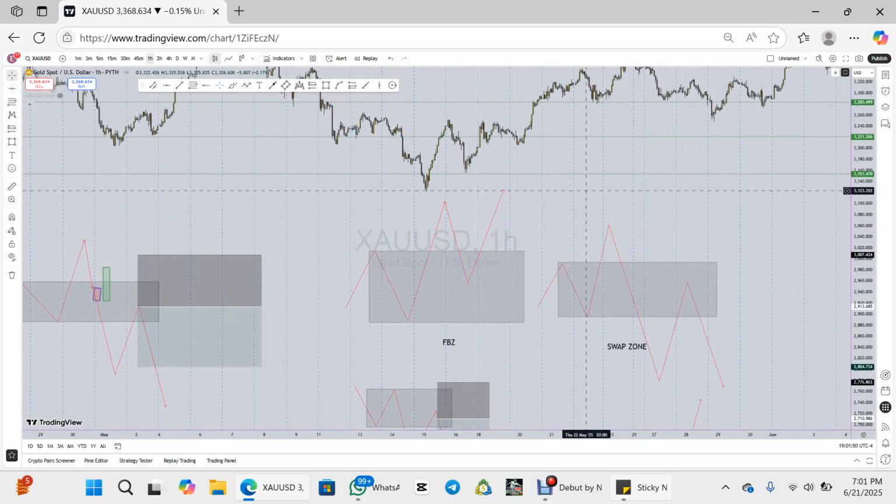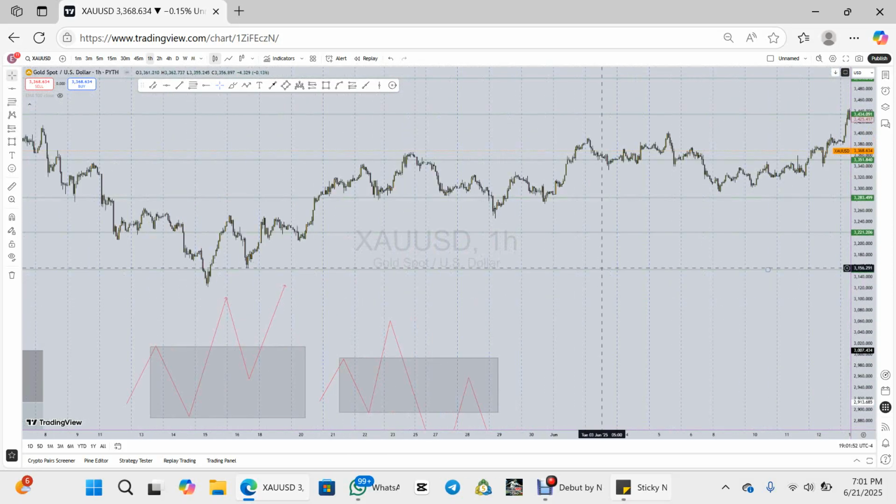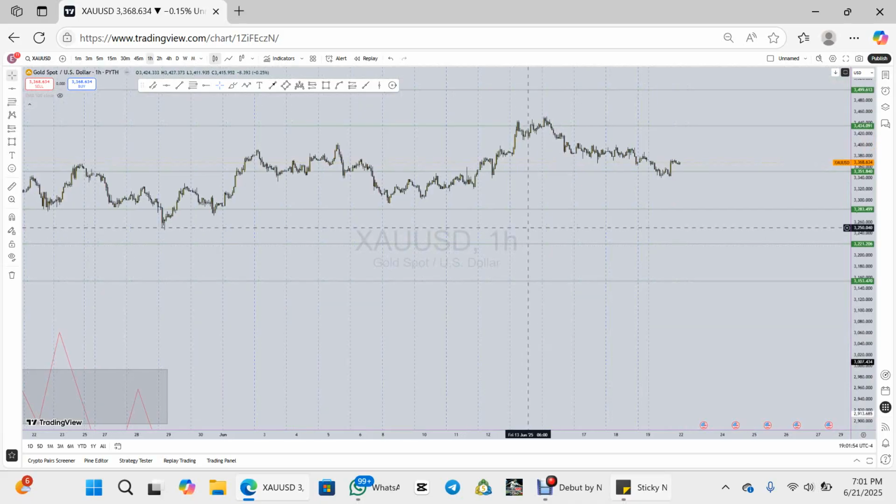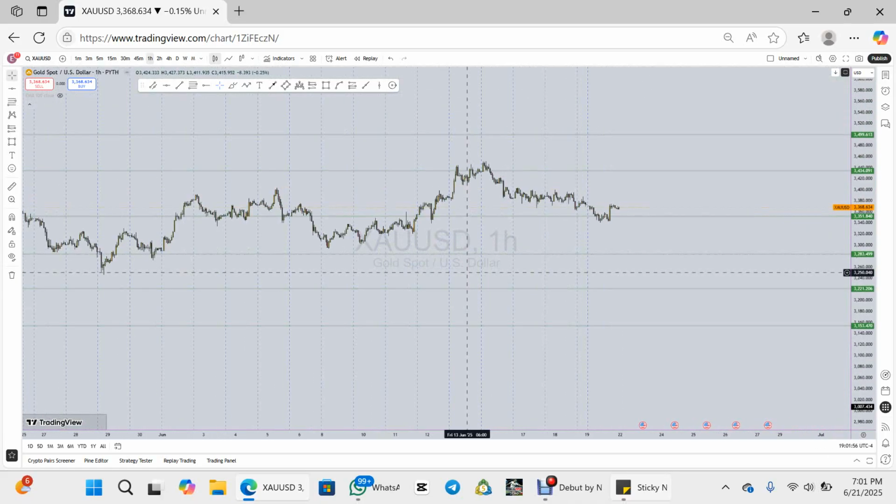Okay, so which one are we going to use now? We still have to have in mind the current market direction based on price action. At the resistance here, price should be going downwards, right? At the support here, price should be going upwards.